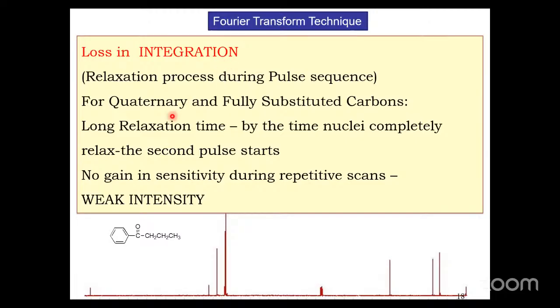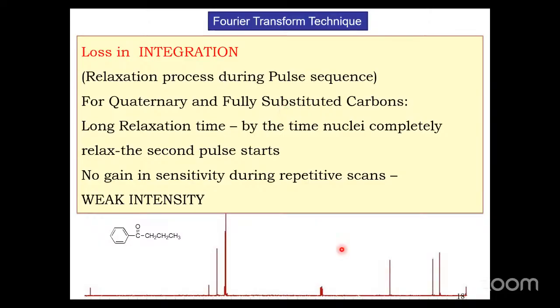The quaternary and fully substituted carbons have a long relaxation time, so they will not relax completely before the second pulse starts. So in this whole process, we are losing sensitivity during the repetitive scans, and mixed intensity is what you get for the quaternary and fully substituted carbons.